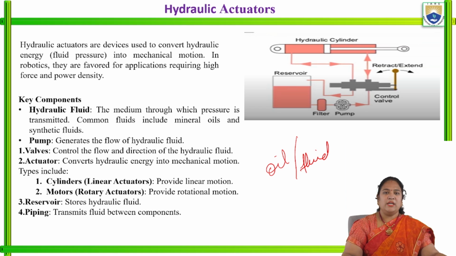So in the hydraulic actuator, we generally use oil or liquid fluid for the movement of the manipulator. With the amount of pressure created within the cylinder, the piston movement is done, according to which the position or orientation of the robot manipulator will move.